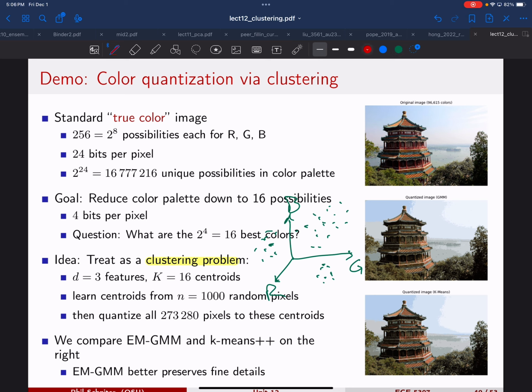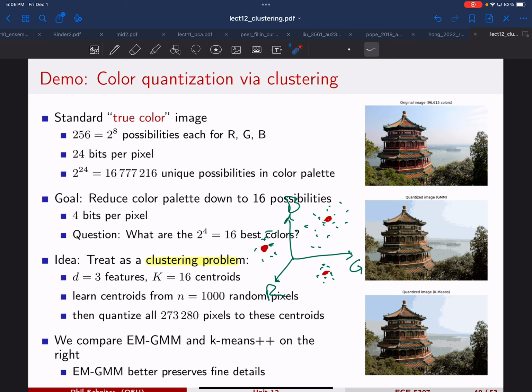And I want to find 16 different points which are the best approximation to all those scattered points. So it's like I want to put 1 centroid here, 1 centroid here. I want to do that with 16 centroids, and so now all these points over here will be quantized to this, all those points will be quantized to this, all those quantized to this, and so on. So the key question is, how do I choose those 16 colors? So now you can see it's a clustering problem.